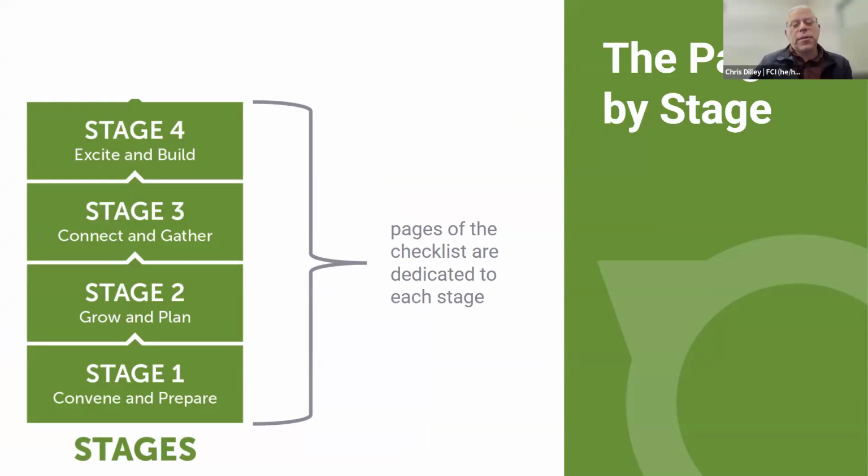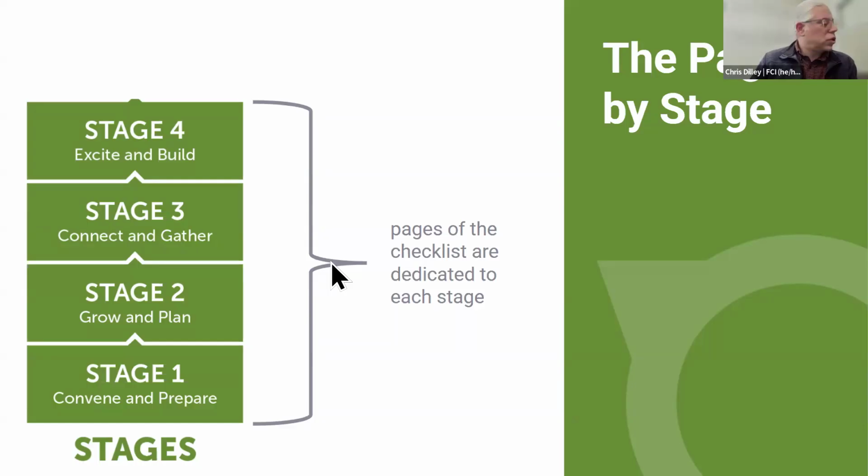Okay, thanks. But as you go into this 14-page document, you'll see each stage has a set of dedicated pages. And those are highlighted in green, and the big stage numbers are clear on them.